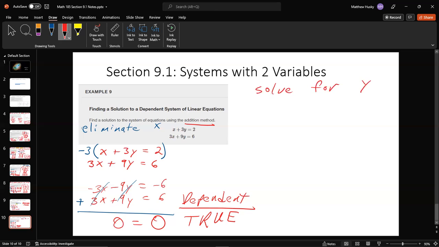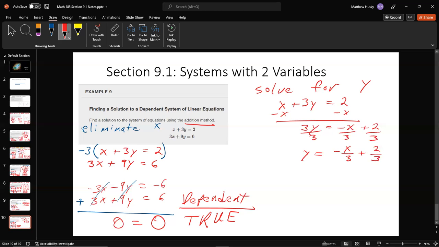You could take the top equation, which is x plus 3y equals 2. You would solve for y by subtracting x: 3y equals -x plus 2. You divide everything by 3, and you would end up with y is -x over 3 plus 2 over 3.